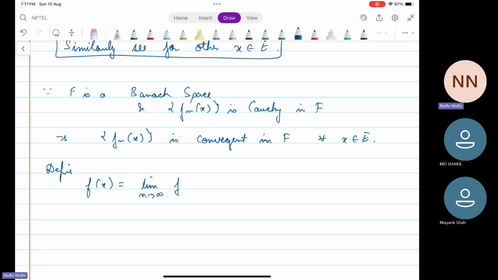Since for every x, Fn x is convergent, the point x is mapped to the limit of Fn x.